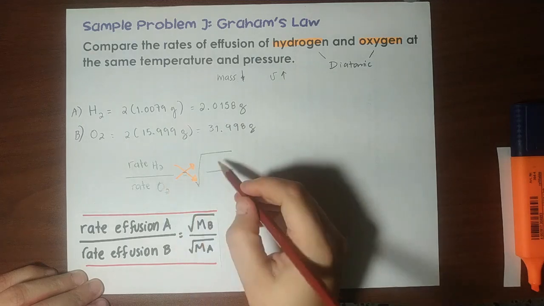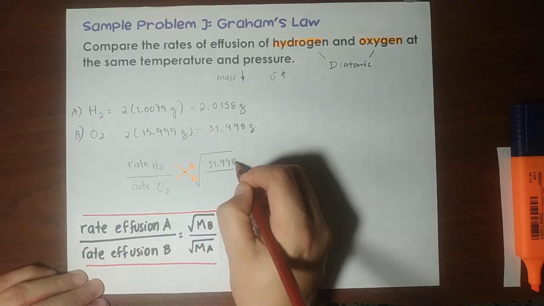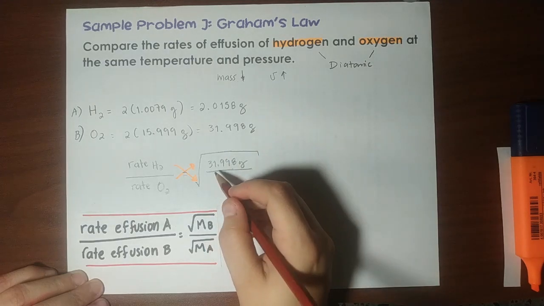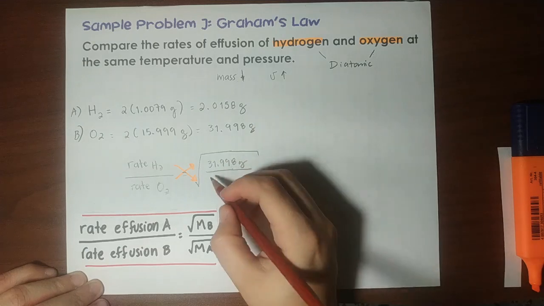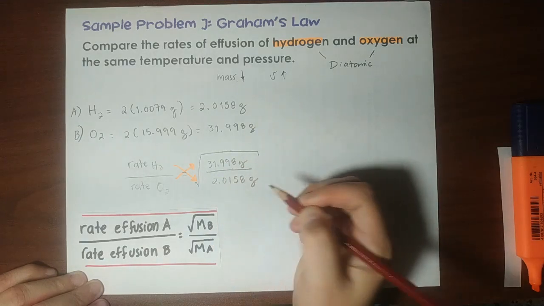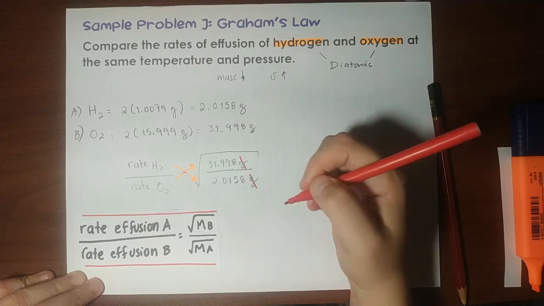So here I'm going to write oxygen, that is 31.998 grams, and below I will write the molar mass of hydrogen, that is 2.0158 grams. Now take a look here. As I have grams and grams, both are going to be cancelled.